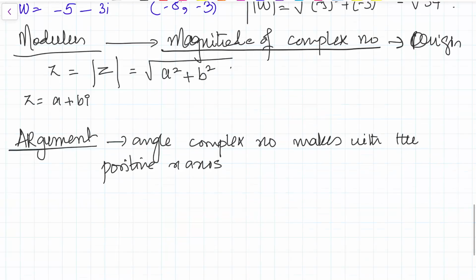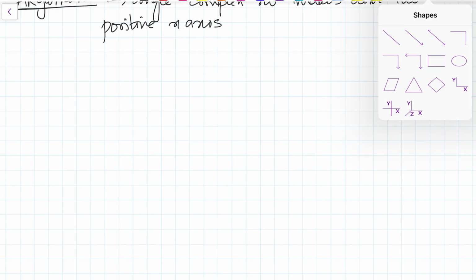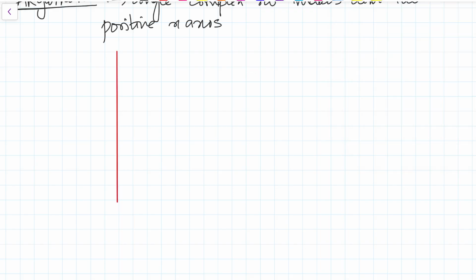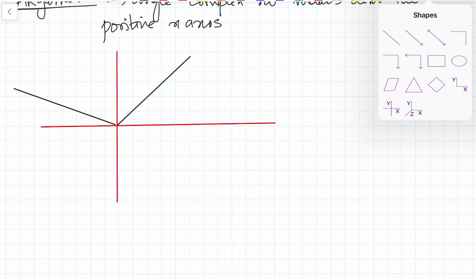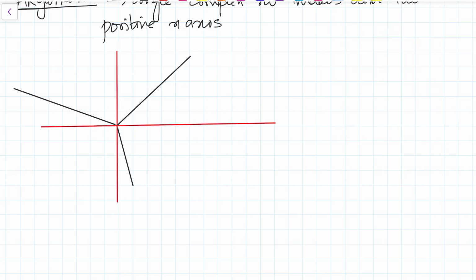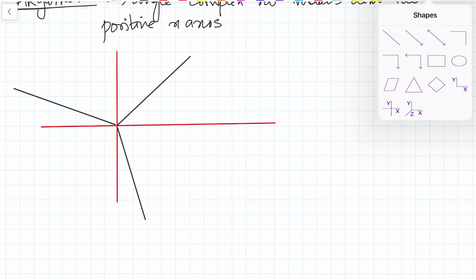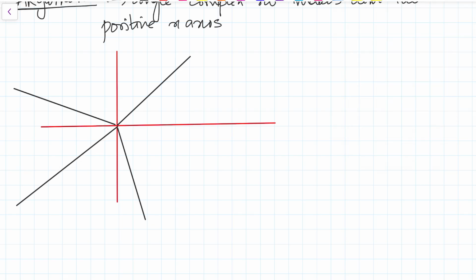So if I generalize and look at the complex numbers in all 4 quadrants, this is my complex number in this one. This is my complex number in this one. This is my complex number here. And this is my complex number here. The argument for this is going to be alpha. The argument of this is going to be pi minus alpha.